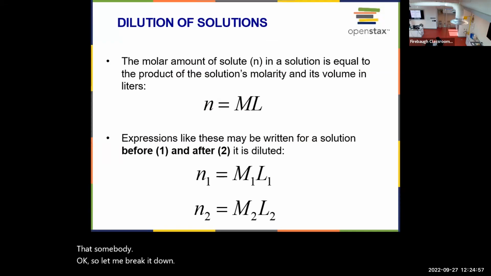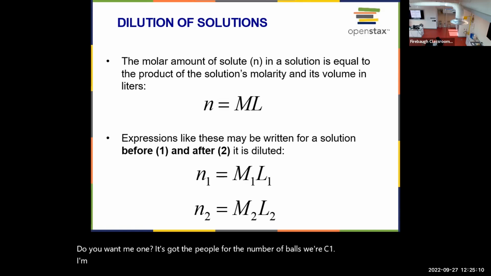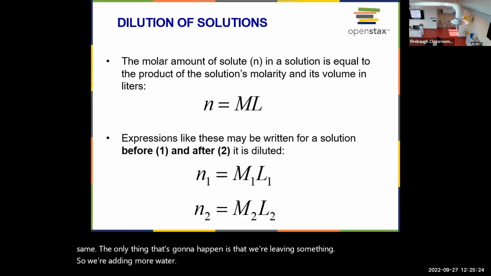The reason why this works out is that at the end of the day, the number of moles for C1V1 is going to be equal to the number of moles for C2V2. They're going to be equal to each other, so we can set them equal, because the moles are going to be the same. The only thing that happens is that we're diluting the substance, so we're adding more water. Okay?